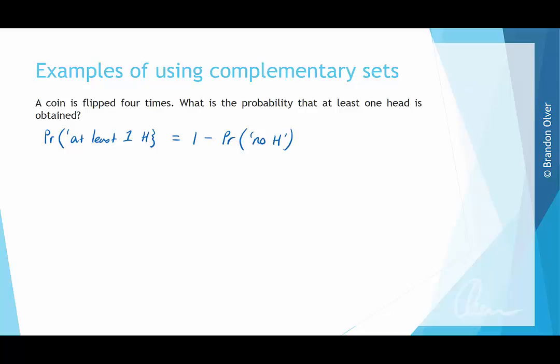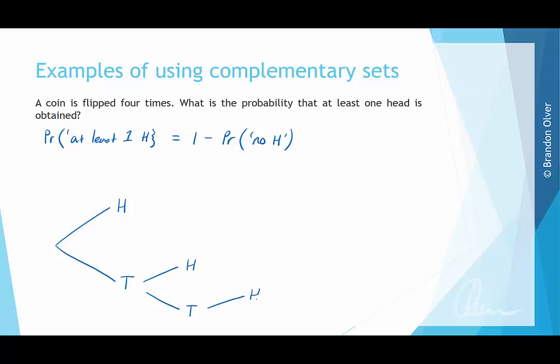If that's the case, we only need to consider the one line on the tree diagram that actually leads to us having no heads. For our first flip, you could get a head and a tail, and then everything along that branch from the top is going to have at least one head in it. From here, we could get a head and then a tail on the second flip, and everything on this branch will then have at least one head in it.